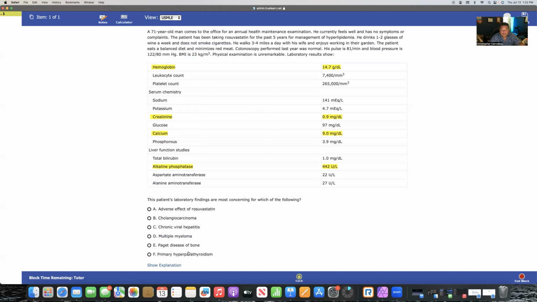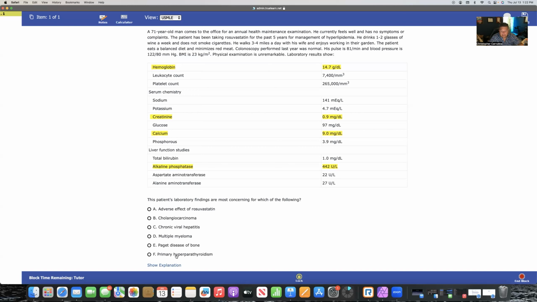And if we think back to what I just said, as we were reading this, because we knew what our answer choices were, we've already done a lot of the work. We know multiple myeloma could give us an elevated alk phos, but we would be expecting to see hypercalcemia in there, an elevated creatinine from renal insufficiency, anemia. With none of that there, it makes that very unlikely.